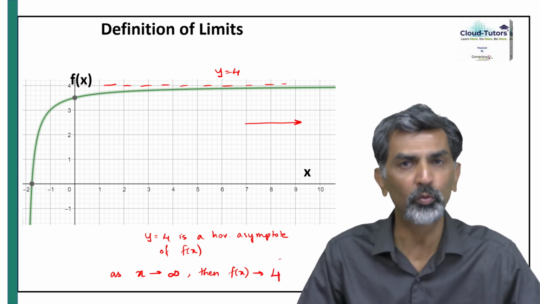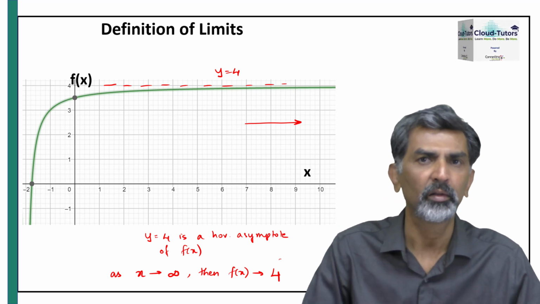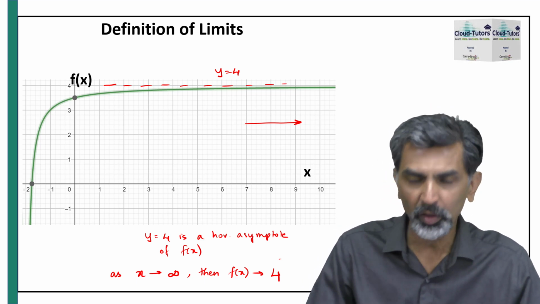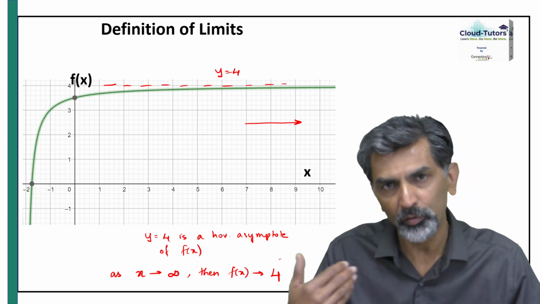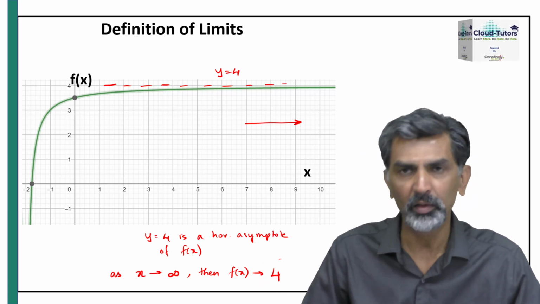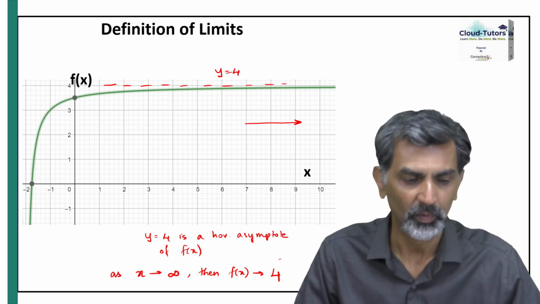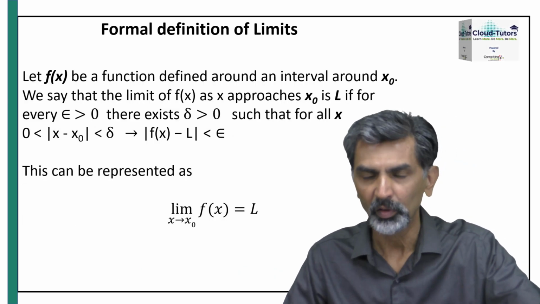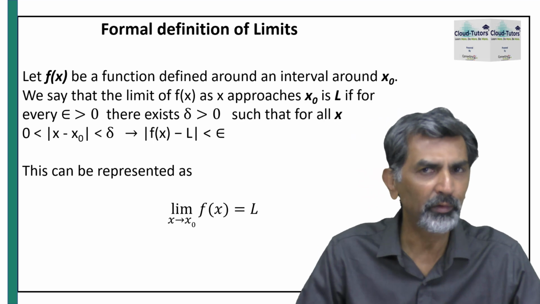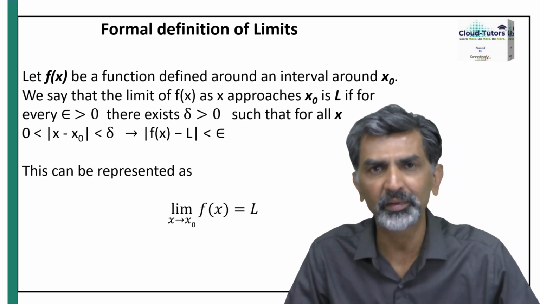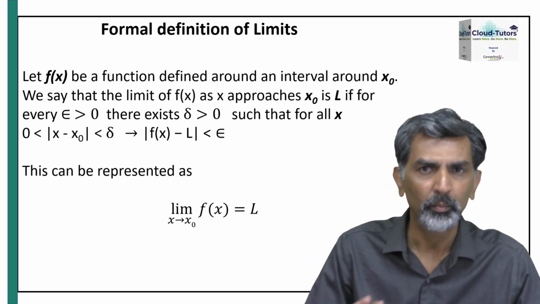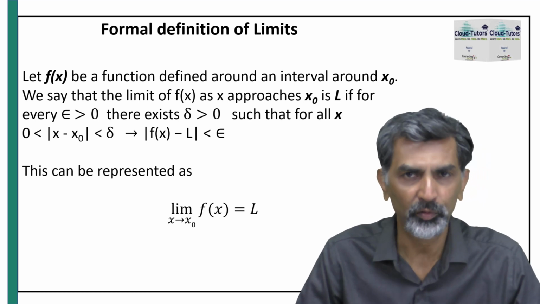And it's very easy to see in this graph why that is the case. In this case, we can say that as x approaches infinity, f of x is equal to 4. So I'll give you the formal definition of limits and then several examples to make sure you understand this definition.